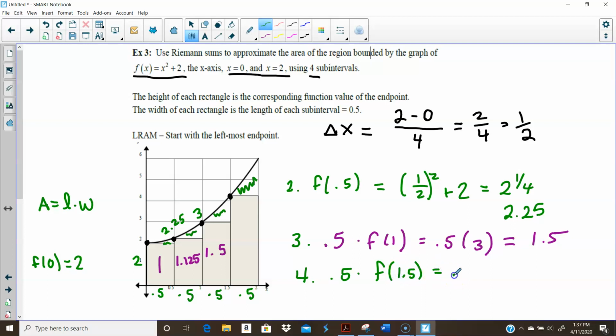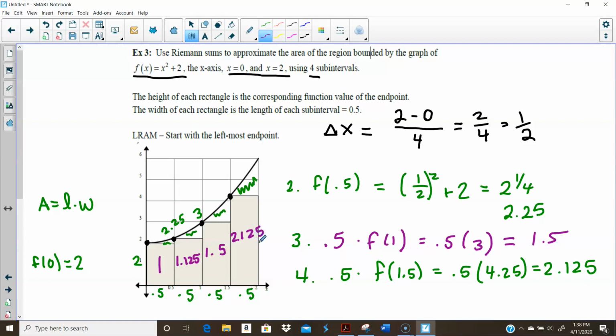That's going to equal 0.5 times, if you take 1.5 and plug it into your original function, you get 1.5 squared plus 2, which is 4.25. And that's going to equal 2.125. So the area of this one is 2.125.